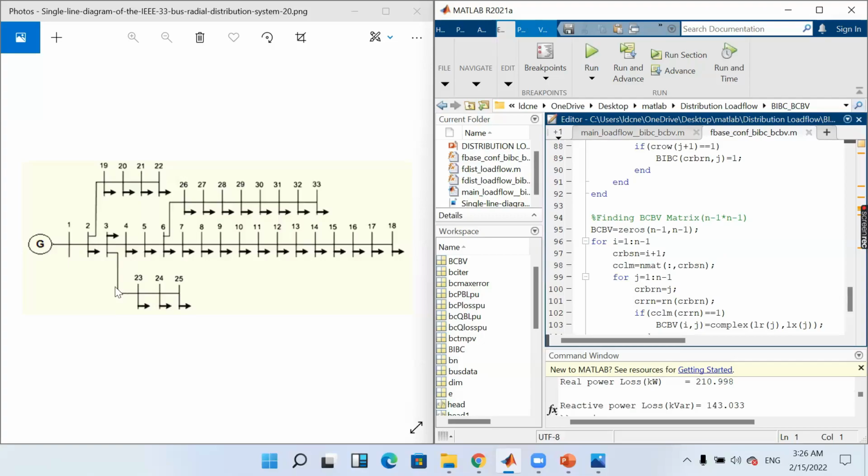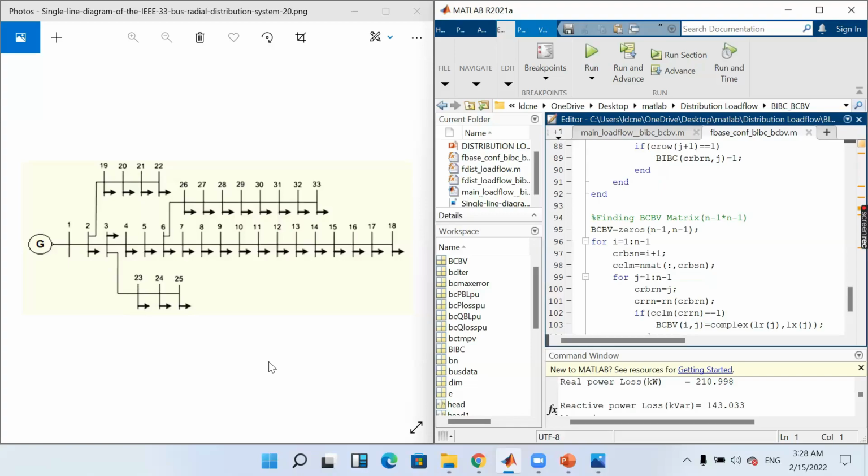And this can be found by using the property of columns in the NMAT. How can you find the corresponding drops from bus 1 to that bus? That is, if we consider bus 25, we have to calculate the voltage drop between bus 1 and bus 25. That is the sum of the voltage drops occurring in branch 1, branch 2, branch 22, branch 23, and branch 24.